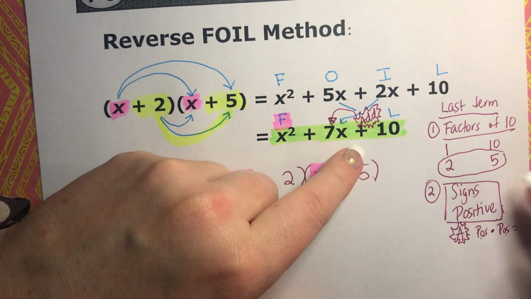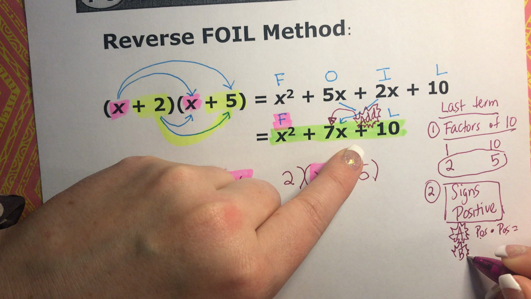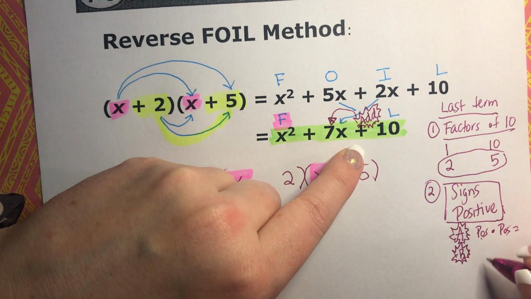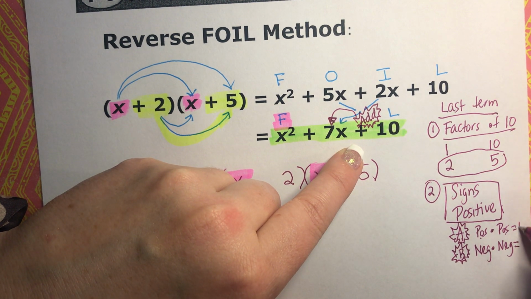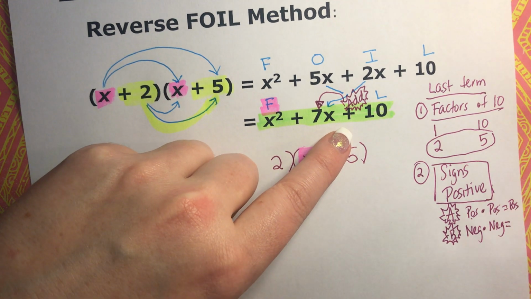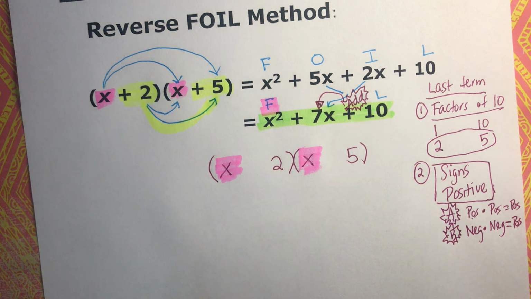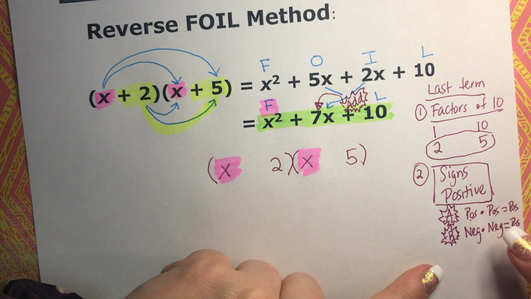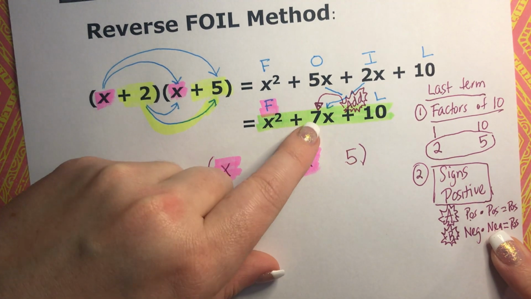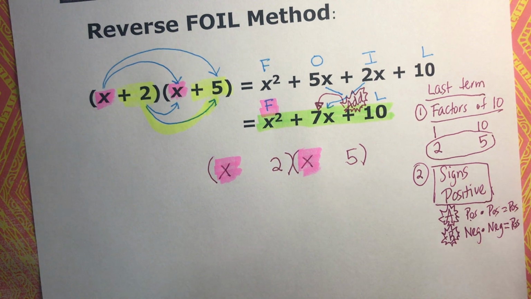We need a positive 10. What's the other option, though? How else could you get a positive number? Well, what if you multiply a negative times a negative? A positive times a positive gives you a positive, and a negative times a negative gives you a positive. So these are really your two options, and how you know which one it is depends on this. This is a positive 7, so what we know is both the signs have to be the same.